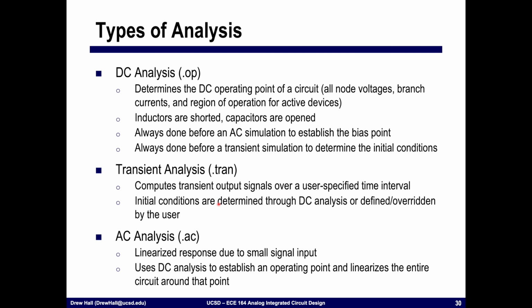And so what this means is that if there's a capacitor or an inductor or any other energy storage element in your circuit, unless you tell it otherwise, SPICE will just use a DC operating point in order to figure it out. We can use commands like nodeset in order to tell it what that voltage or current should be rather than use the operating point.